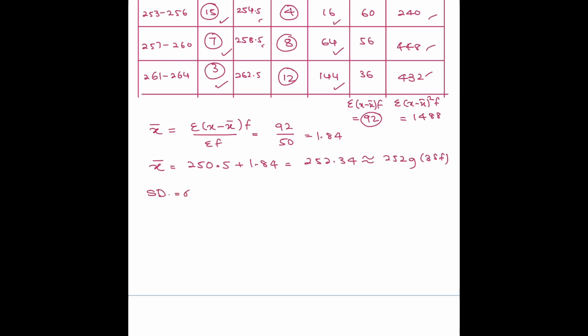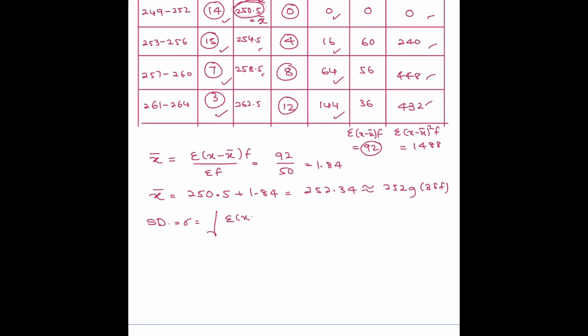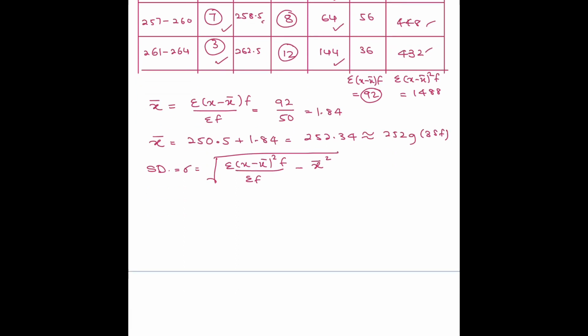Now standard deviation, sigma, is the square root of sigma x minus x bar squared f over sigma f, minus x bar squared, which is 1488 over 50 minus 1.84 squared.